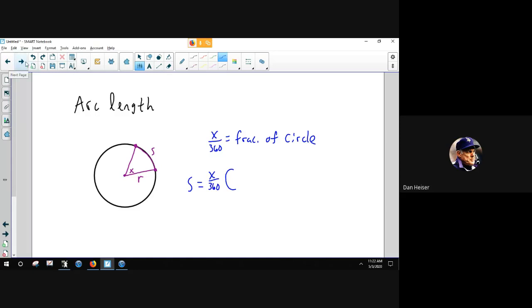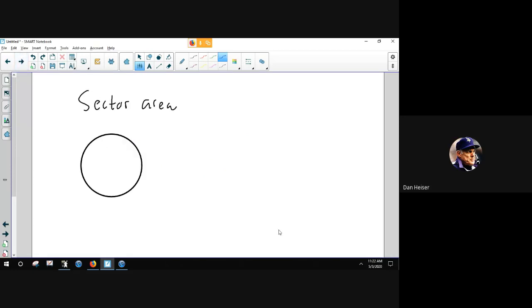And if we can find the fraction of a circumference, we can find the fraction of an area. So I will recreate that same arc. And I will create a sector. Think of a sector as this area.